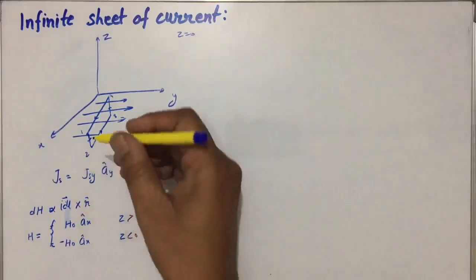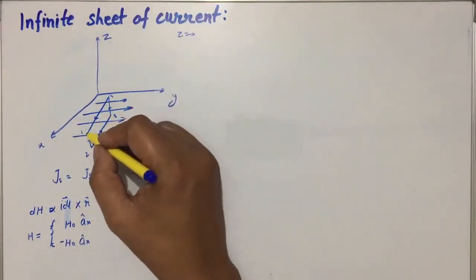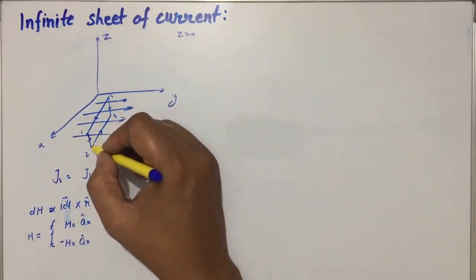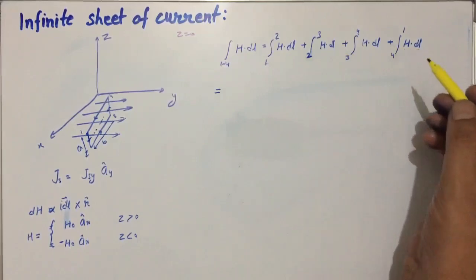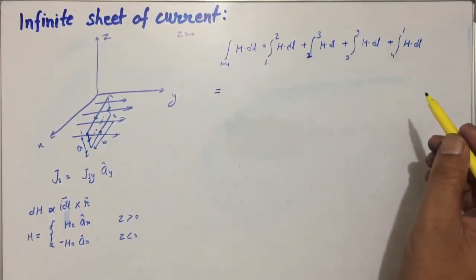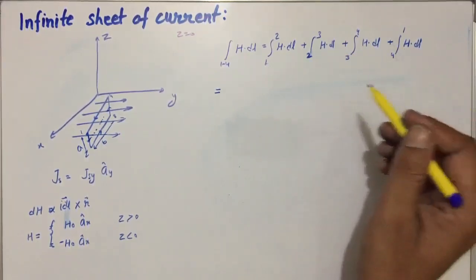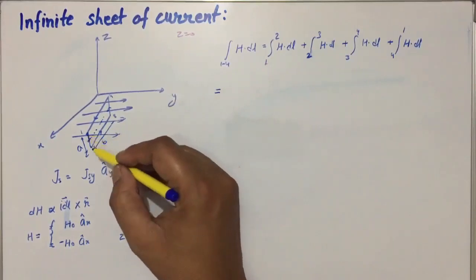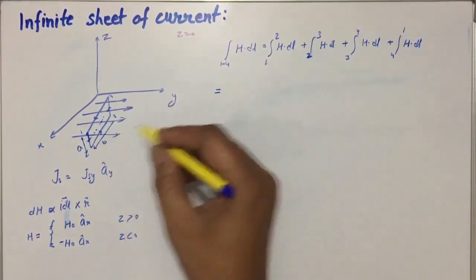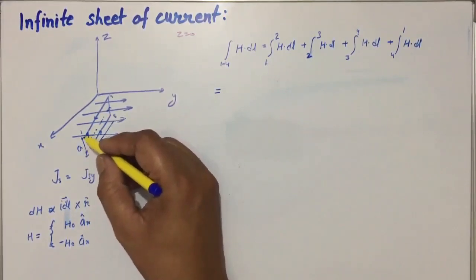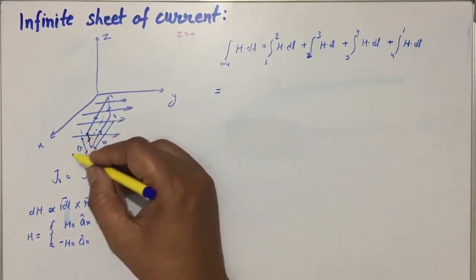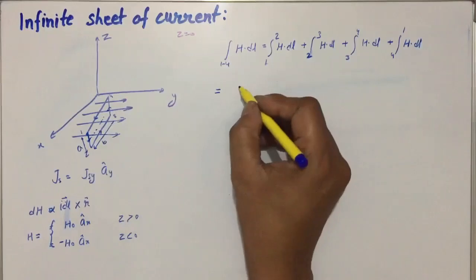Now consider the Amperian path. This is point 1, this is point 2, 3 and 4. Now for all the cases, try to find the enclosed current, that is the closed integral of H dot dl. For the portion from 1 to 2, H is in the direction of plus ax.